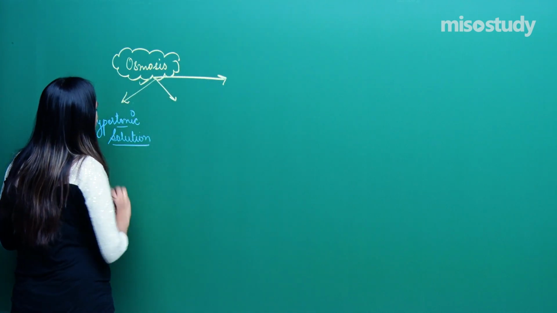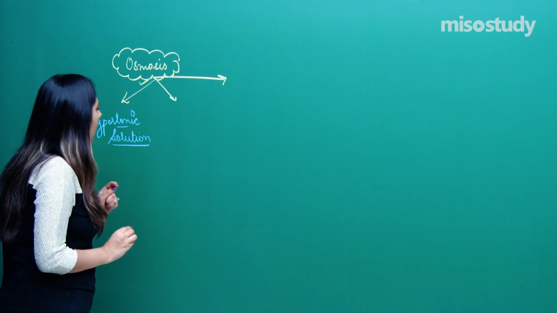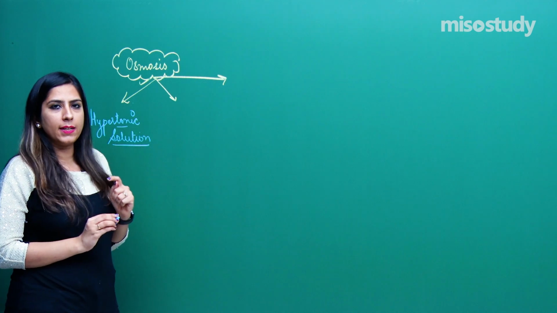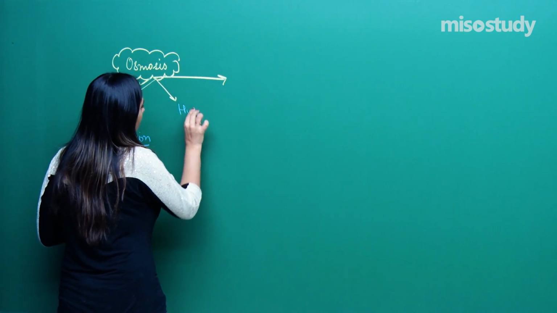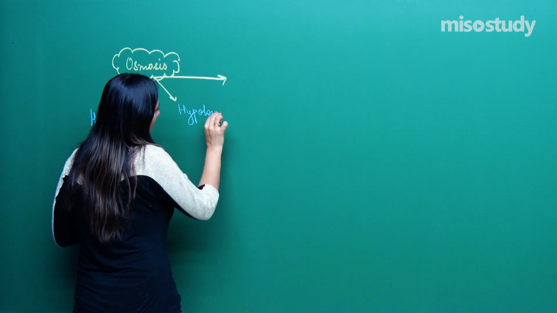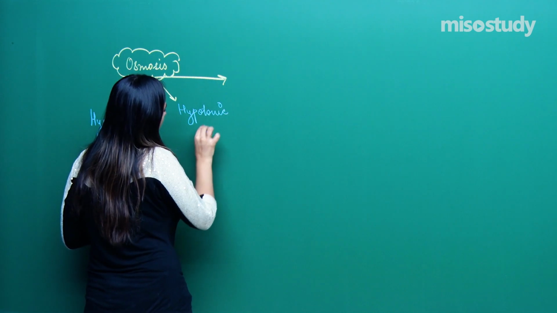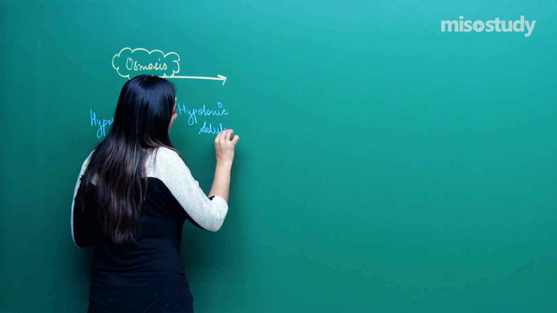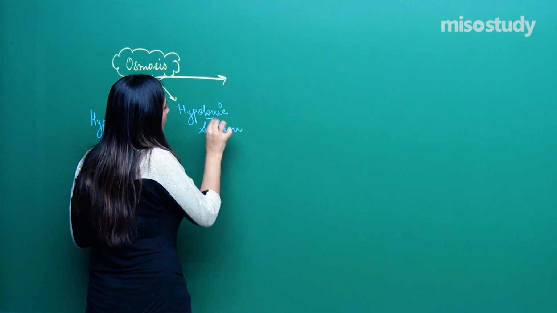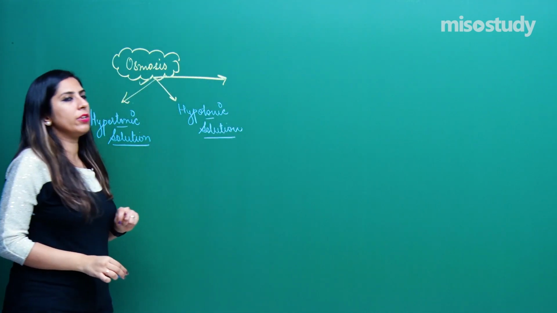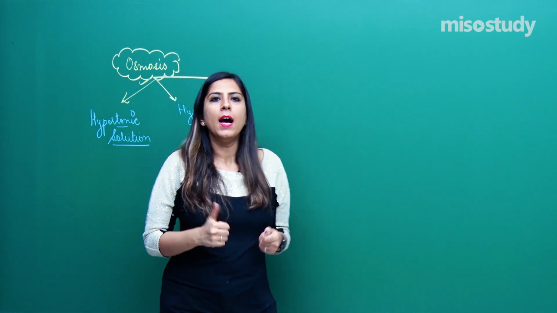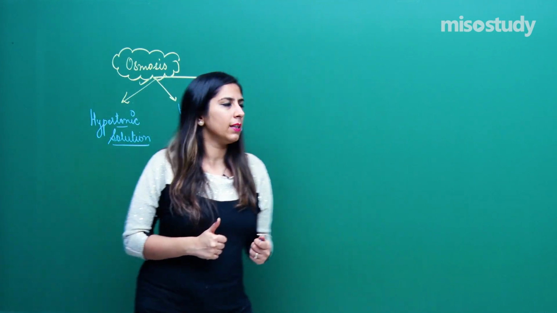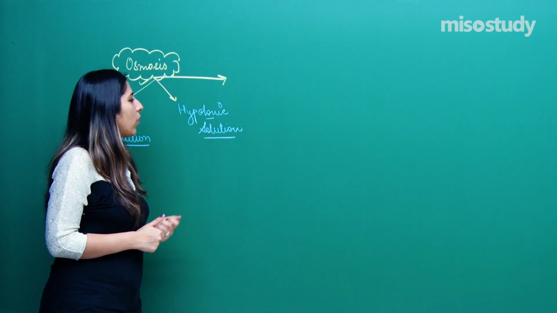Another that I was talking about is the hypotonic solution. A hypotonic solution is a solution that has a lesser amount of solute and more solvent.